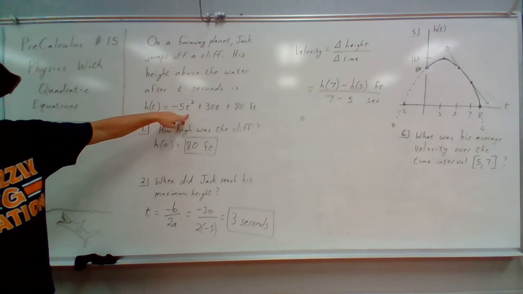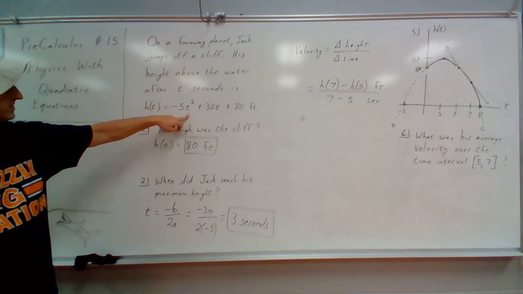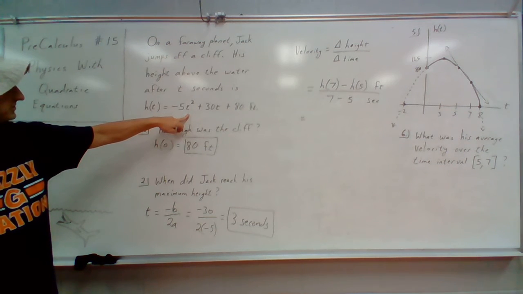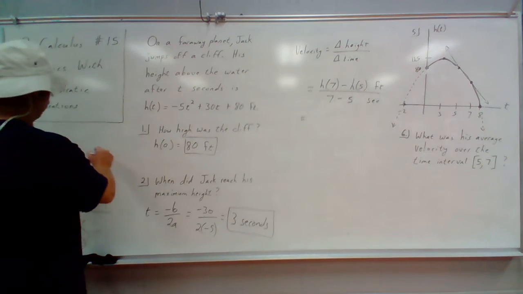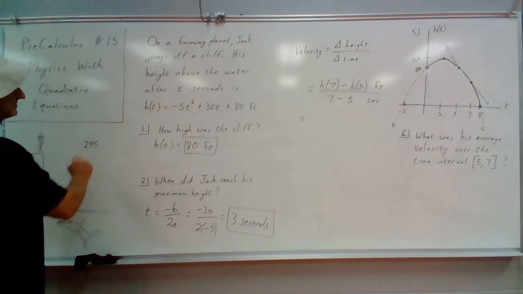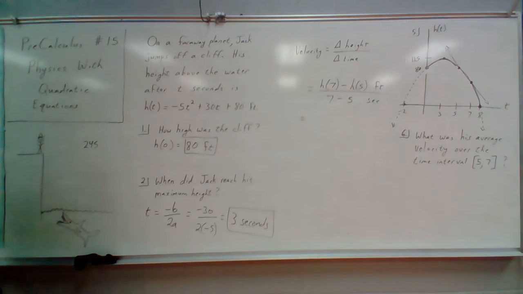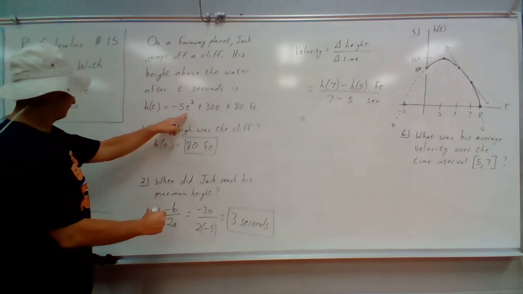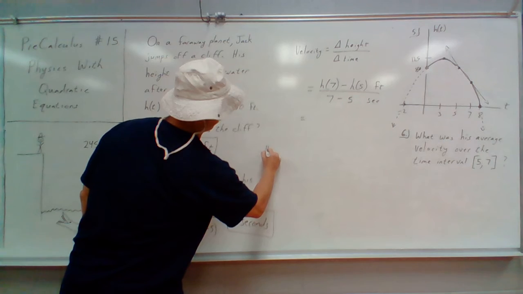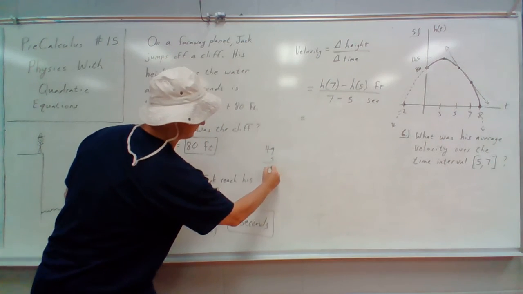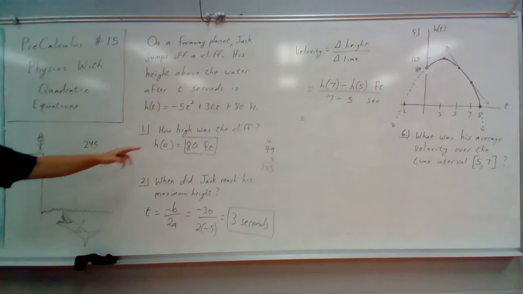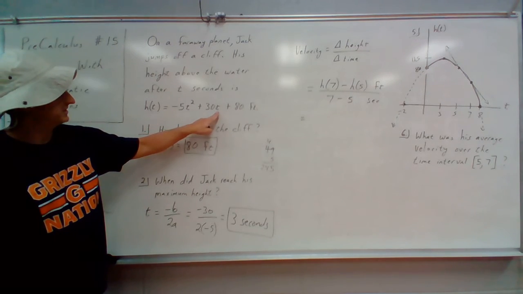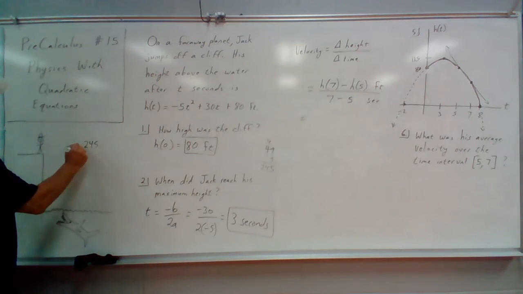49 times 5, let's see, 49 times 10 is 490, so 245. I hope that's right. I better double check that. 49 times 5, yeah, 245. 30 times 7 is 210.